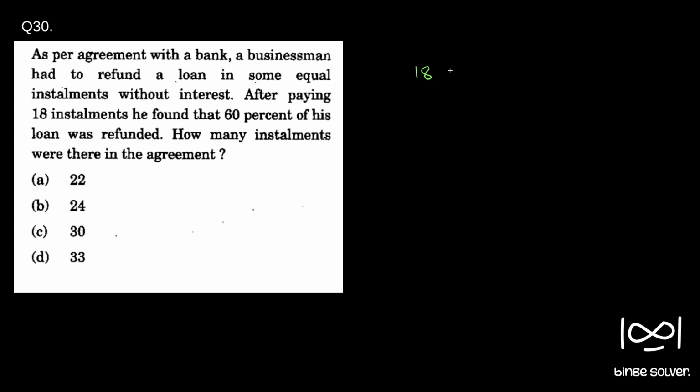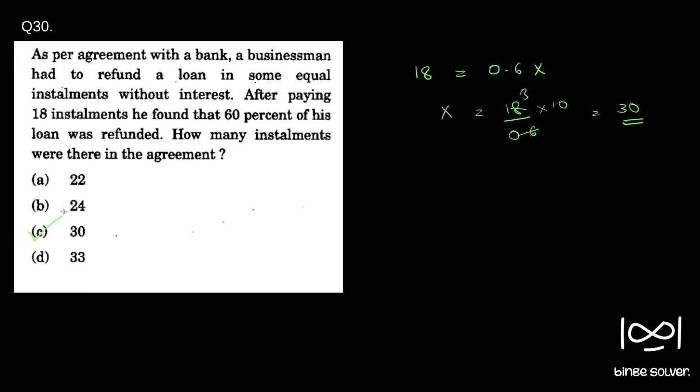It is given that 18 installments is 60% of his original amount, say X amount. So that original amount will equal how many installments? 18 by 0.6, or we can say into 10, 6, 3, which gives 30 installments.